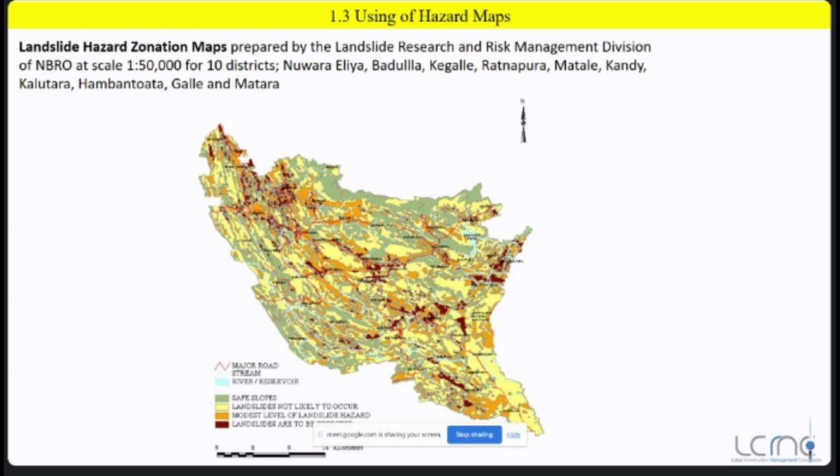And also, you need to observe what the safe slopes are and what the landslide not likely to occur areas are. That means in the return period of 10 years, maybe 100 years, maybe 500 years, maybe 1000 years, but for 1000 years, 500 years, maybe even 100 years, there will be no data to build this kind of hazard map.